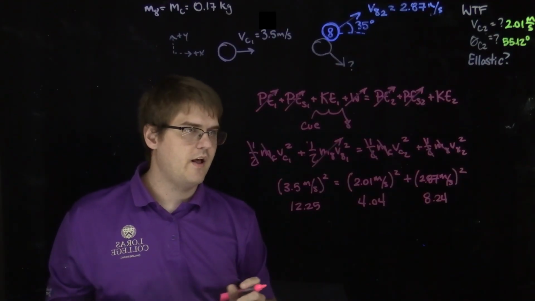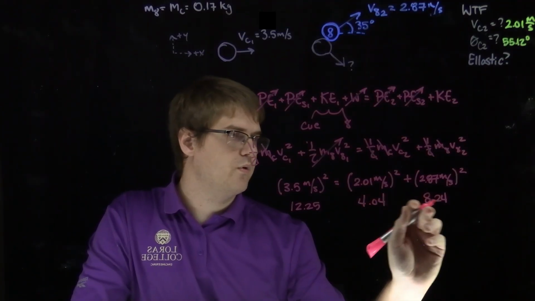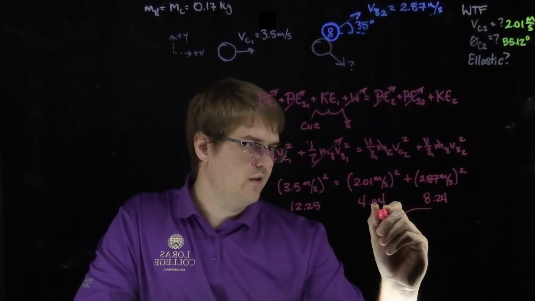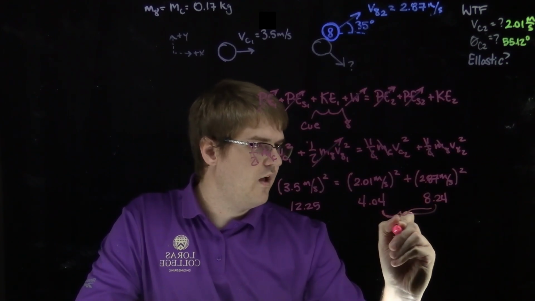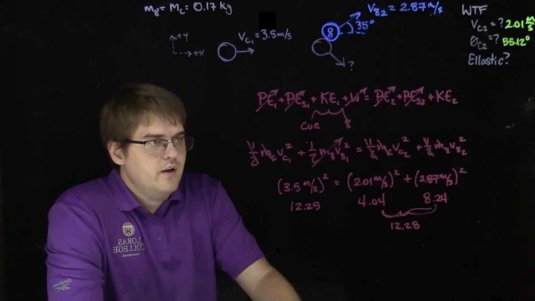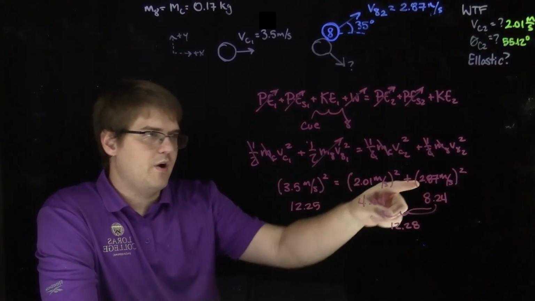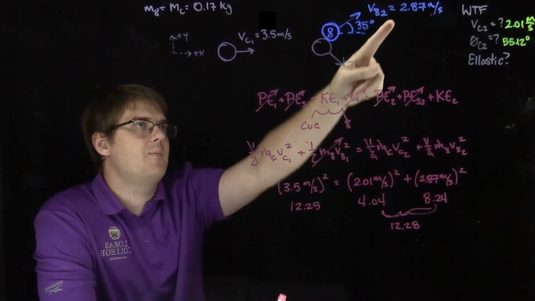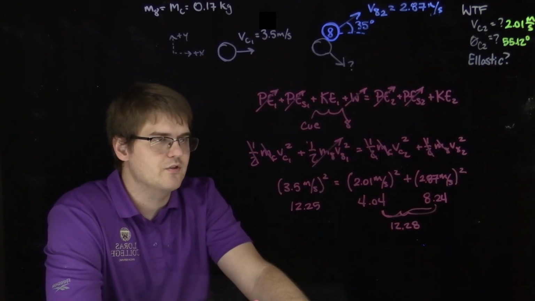And in reality, if I didn't round anything at all, 4.04 plus 8.24, so this is the total of this, is 12.28. It's just rounding. This 2.01 has some rounding in it, and that's probably throwing most of it off, and that probably has some rounding in it from when I first created the question as well.